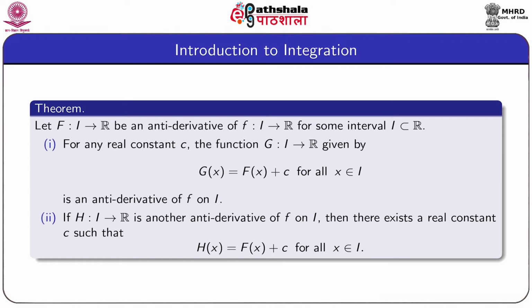Theorem: let capital F from I to R be an antiderivative of a function small f. It is also real valued and defined over the same set I. Here I is an interval.